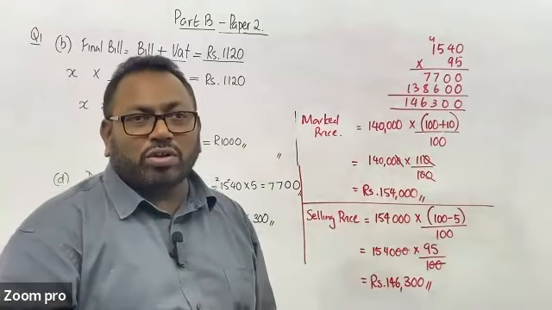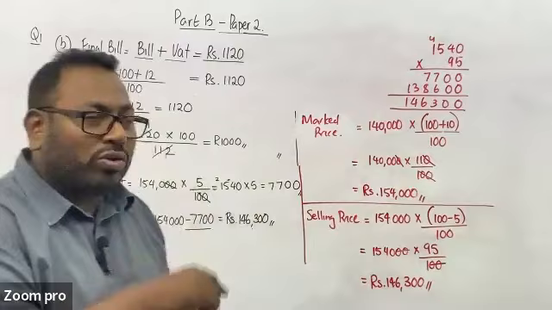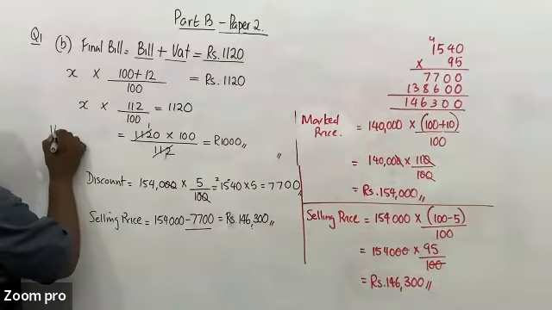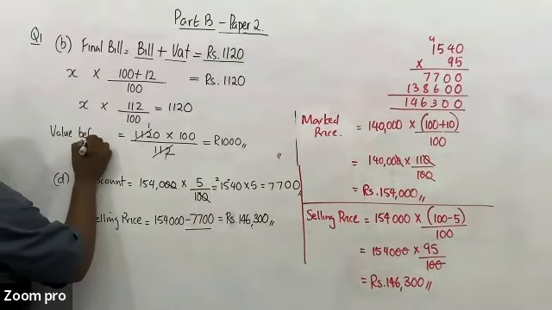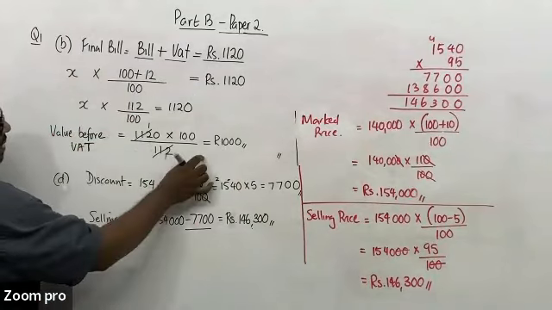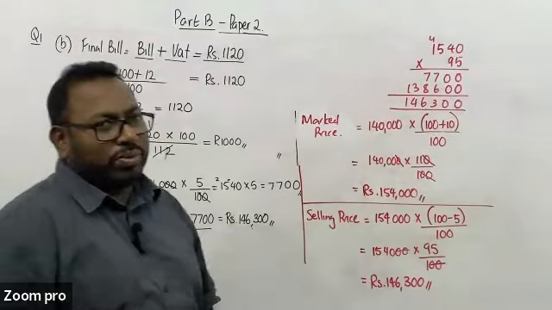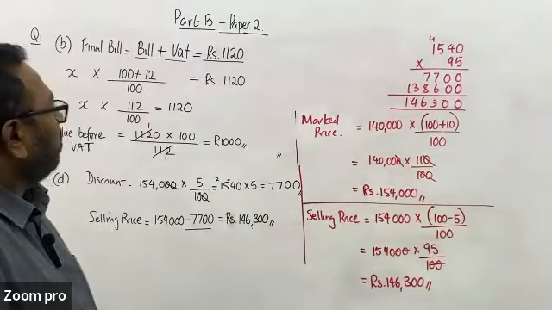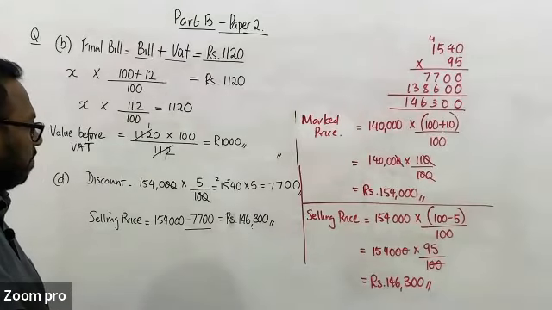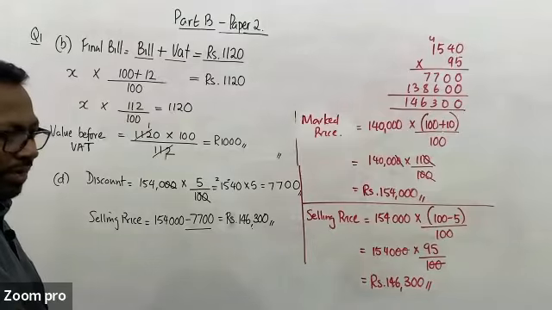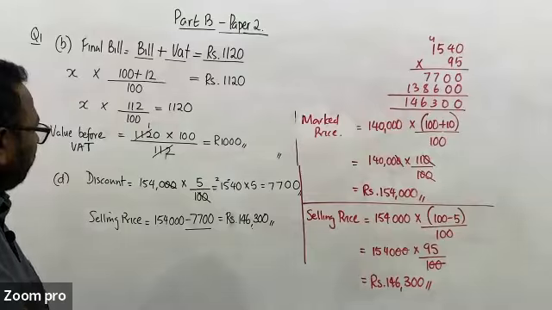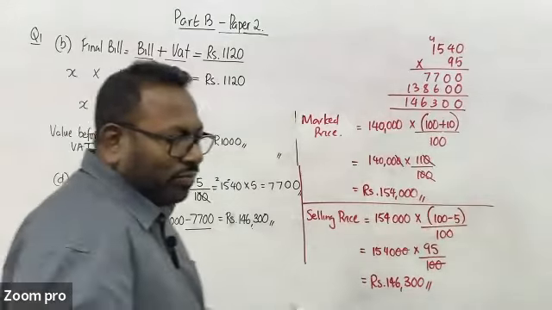The cost of your normal bill before the VAT has been added. So we'll say value before VAT is 1,000 rupees. Any questions? Right. So that should be your answer for question number 1.